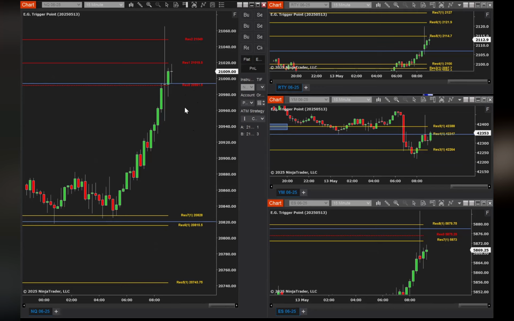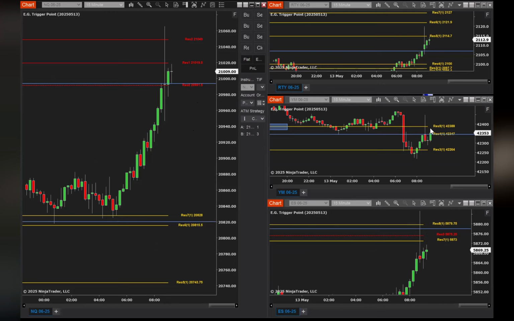Why did I take this long trade? For several reasons. Because ES bounced off support, and this resistance was validated before. I could see that they hit this resistance many times together. YM was above.